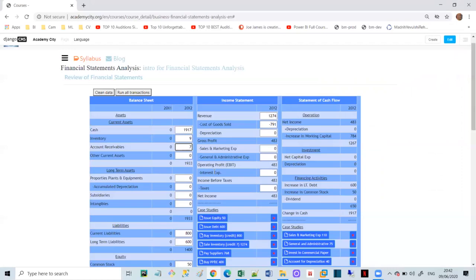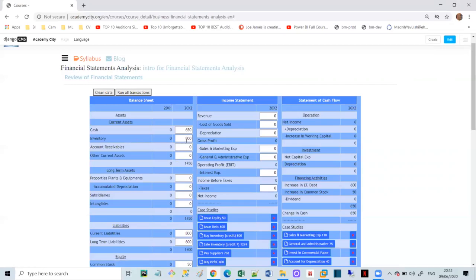Pay attention. On the other hand, my inventory went down by the amount I sold. If you have a good eye, think about it. What really happened? One asset went down by 791, which is the inventory, and another two assets went up together by 1274. One more time, this was my balance sheet.